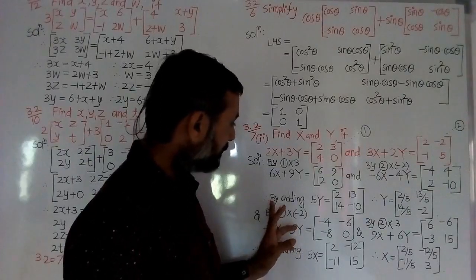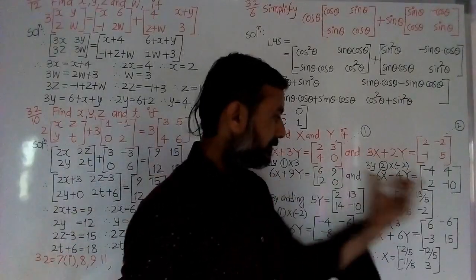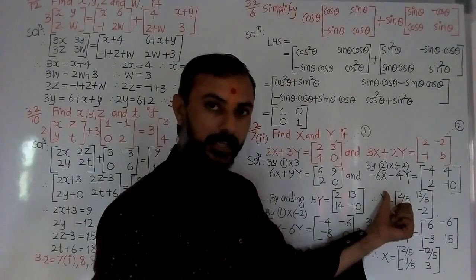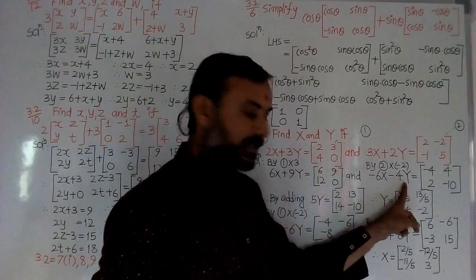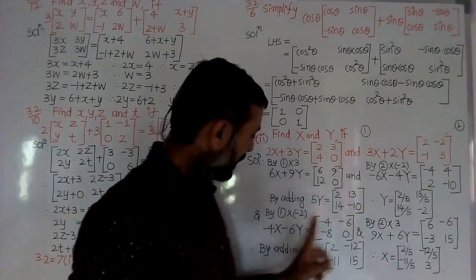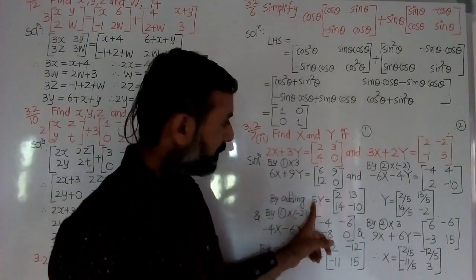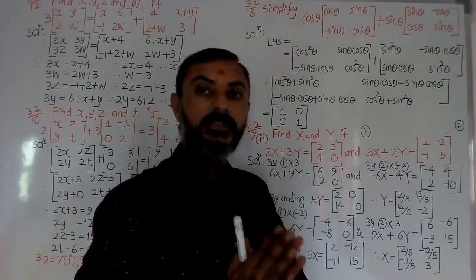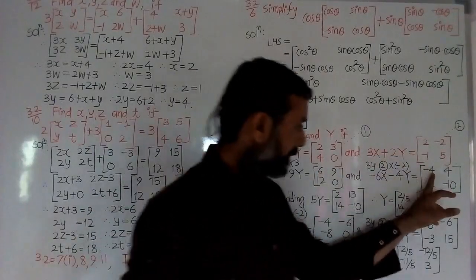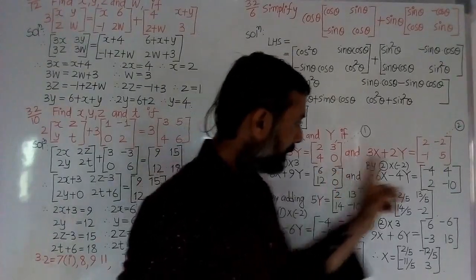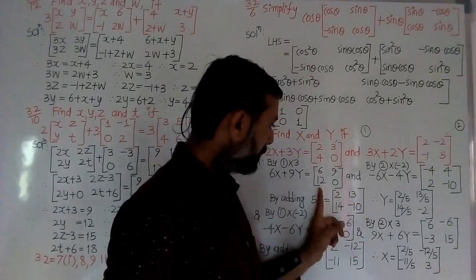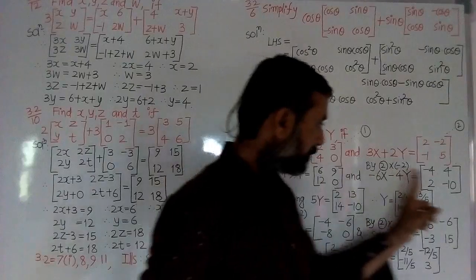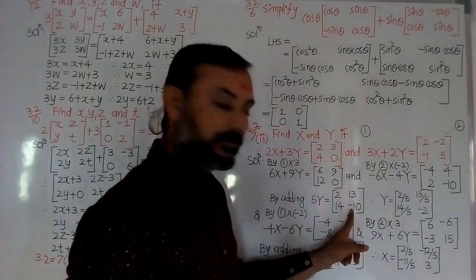Now by adding these two equations, here 6X, here minus 6X, it will cancel. When we add 9Y minus 4Y, what remains? 5Y. Then corresponding components addition: 6 minus 4 is 2, 9 plus 4 is 13, 12 plus 2 is 14, 0 minus 10 is minus 10.